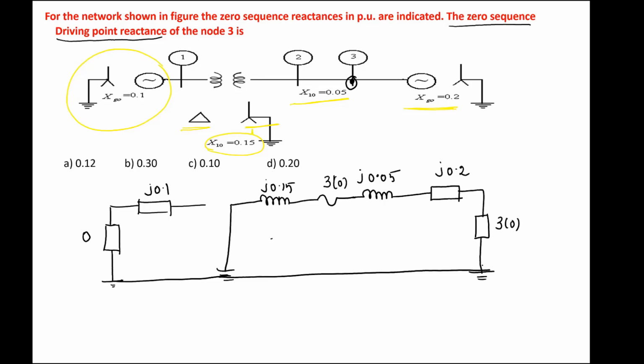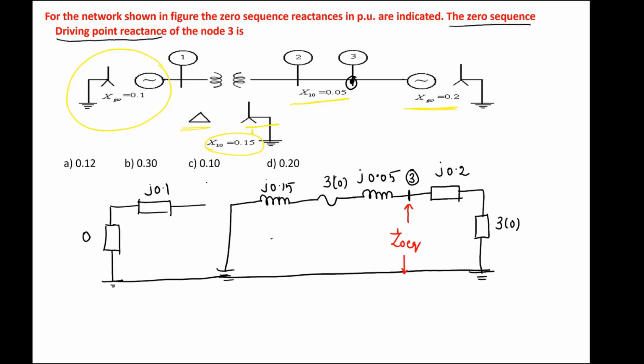Now, where is bus 3 located? Bus 3 is located after the transmission line. So this is bus 3. Now he's asking for the equivalent impedance between bus 3 and reference. Z0 equivalent, the Thevenin's zero sequence impedance, is how much? That is the question.